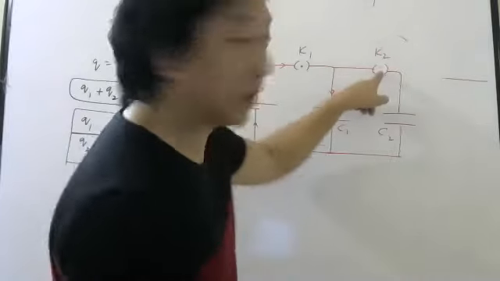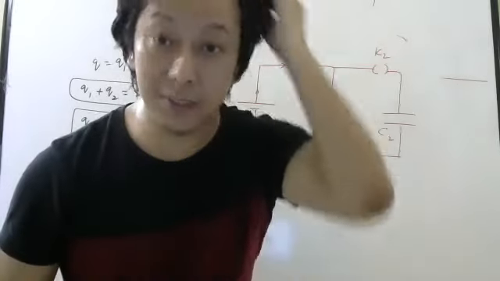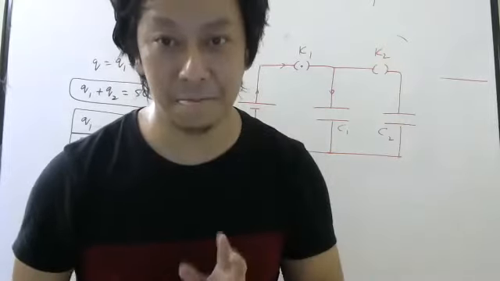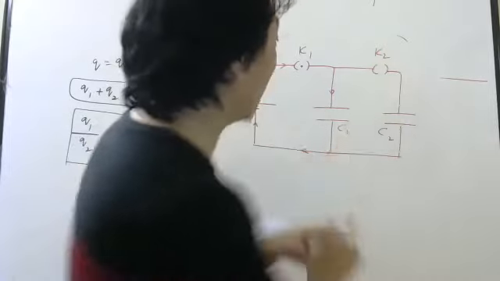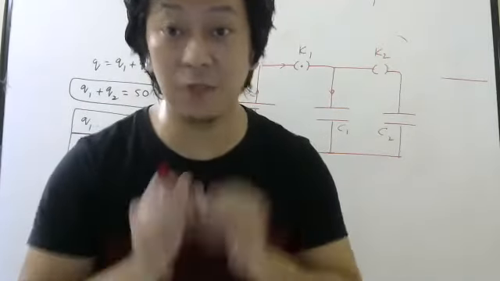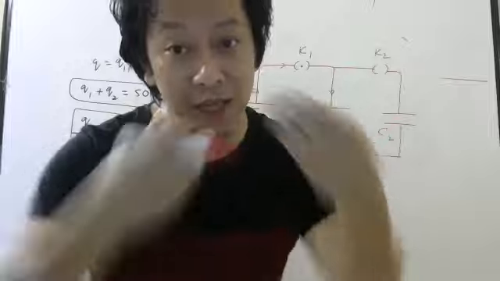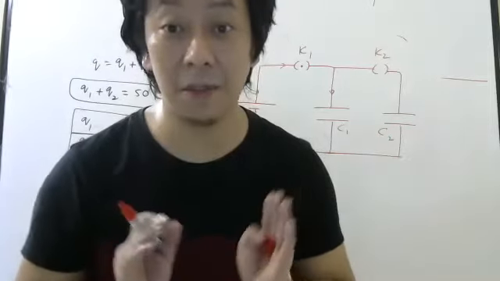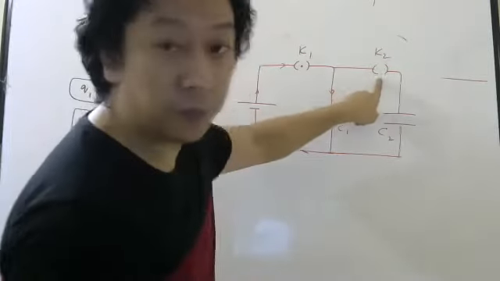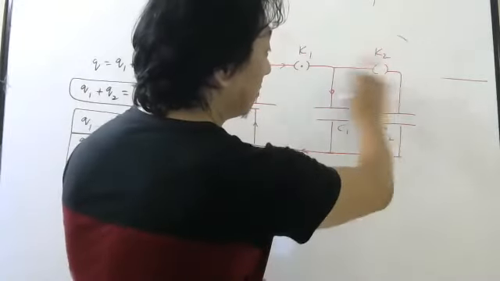Because this is open. Whenever there is an open in the circuit, next chapter you will come to know, resistance will be infinite, because there will be air here, and air will offer infinite resistance, so current will not flow. But this I will teach you in the next chapter, which is current electricity. Right now, I think you know from school concepts also, if this is open, there cannot be any current in this part.